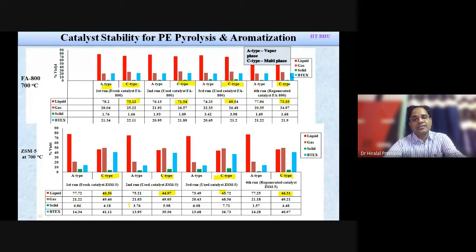Similarly, for BTX you can also see 39 decreasing, and the final one is 40.97, and it is 41.11. So it means that fresh and regenerated give almost the same result. However, from the first, second, third run you can see there is a constant decreasing trend in liquid yield as well as in BTX.